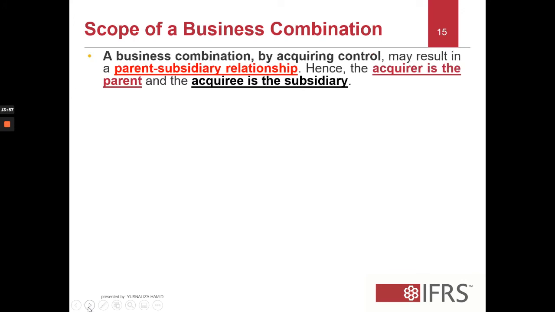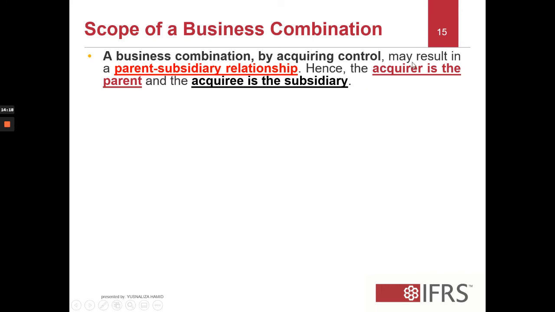So this is the scope of business combination that we are focusing on. We are focusing on a business combination that relates to acquisition of control. And because there is control, that will result in a parent-subsidiary relationship. This will be explored later, and we'll go through the definition of parent and subsidiary itself.